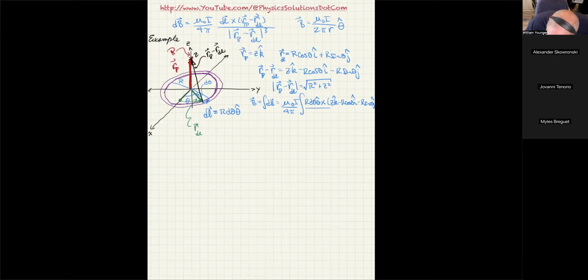And all of that, of course, has to be over r squared plus z squared, and that's the square root raised to the third power, so that means it's to the 3/2 power. So that's what our magnetic field has to be.